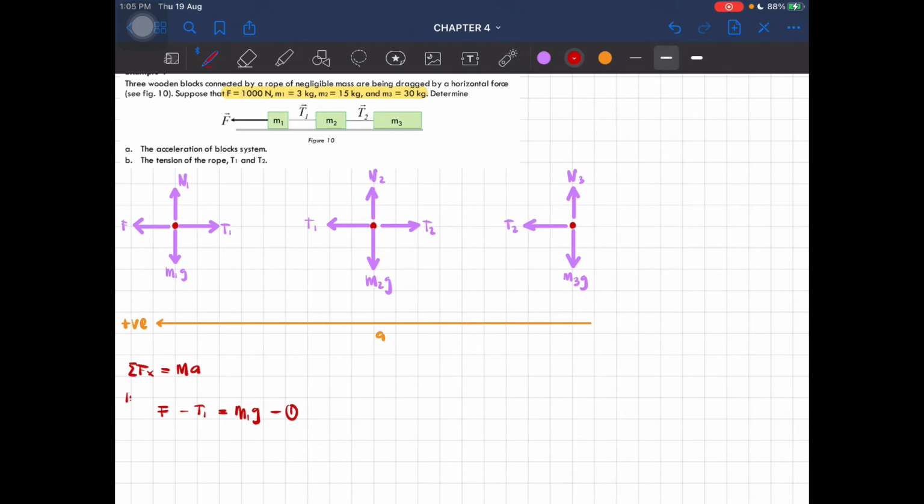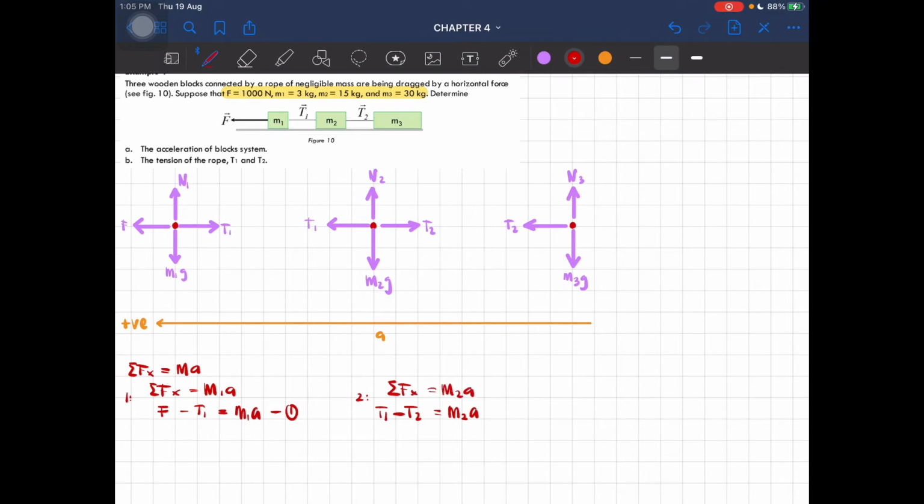And then for the second block, we have T1 positive minus T2 equal to M2A. Wrong, this one is A. That's why I should write it straight away. So total Fx equal to M2A.